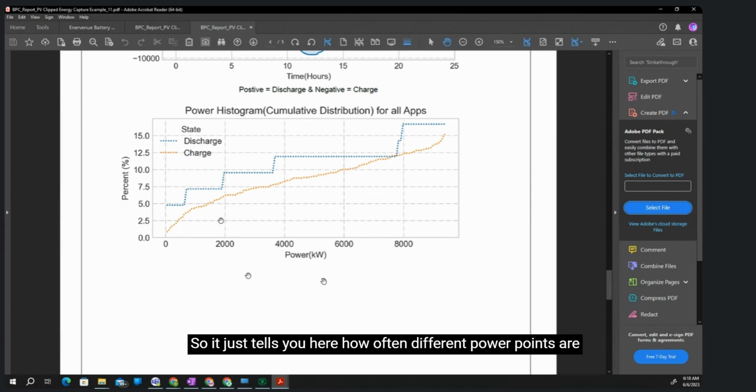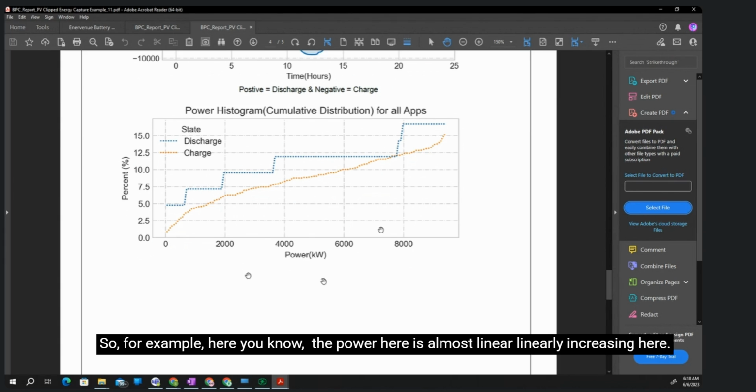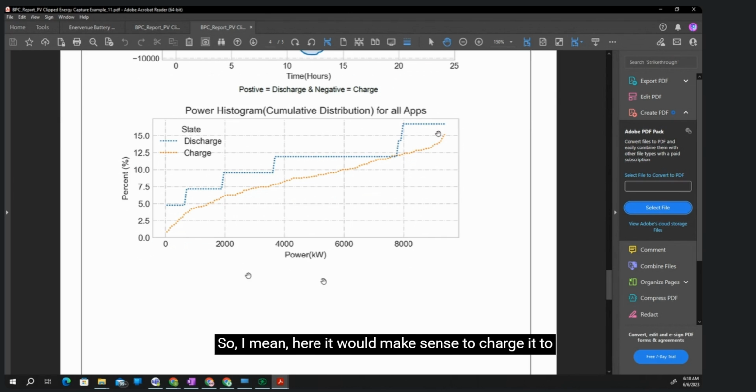It tells you how often different power points are occurring for both charge here in orange and discharge in blue. For example, here the power is almost linearly increasing. So here it would make sense to size the system based on the maximums.